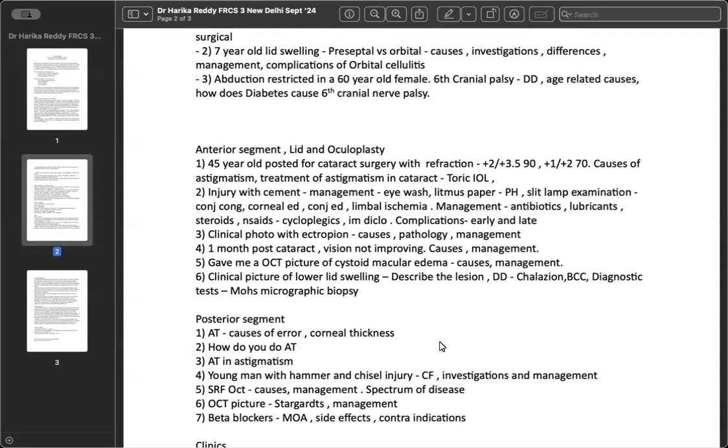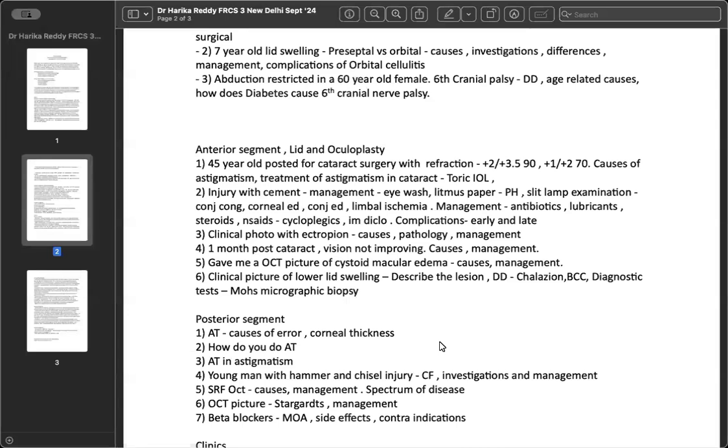So he asked me what are the causes of astigmatism. I told him this could be because of either pterygium, or any previous corneal scar or any other corneal surgery, or it could just be a lenticular astigmatism.